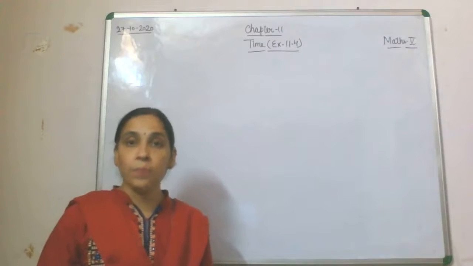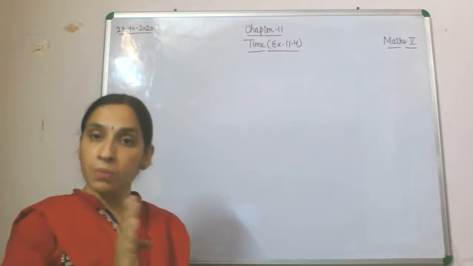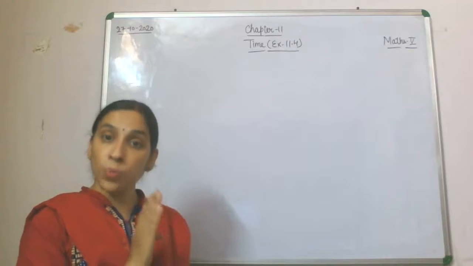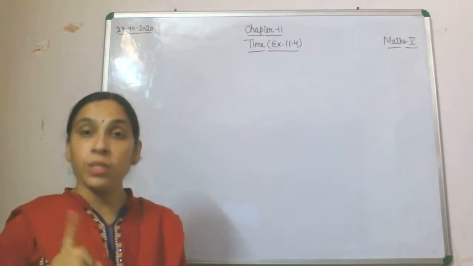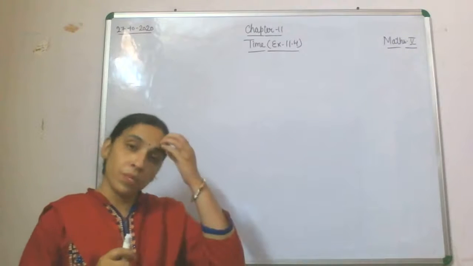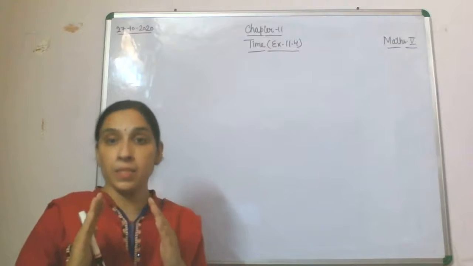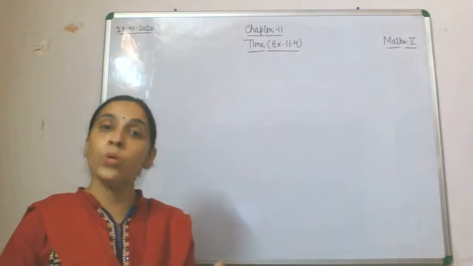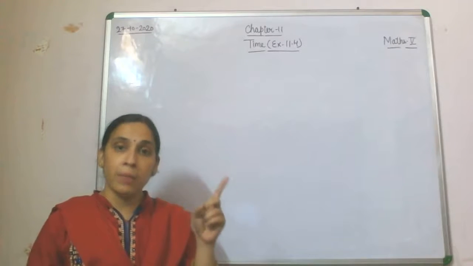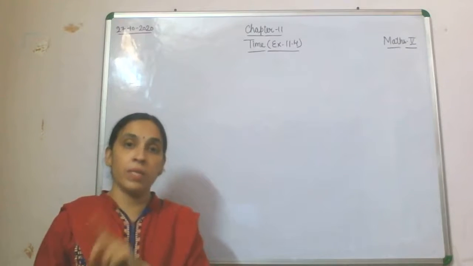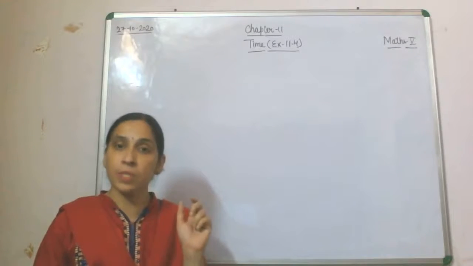So children, what will we do? We are going to find the number of days in the month of December from 20th December to 31st December. The day the break begins will be included in this. From 20th December to 31st December will be included in the Christmas break.